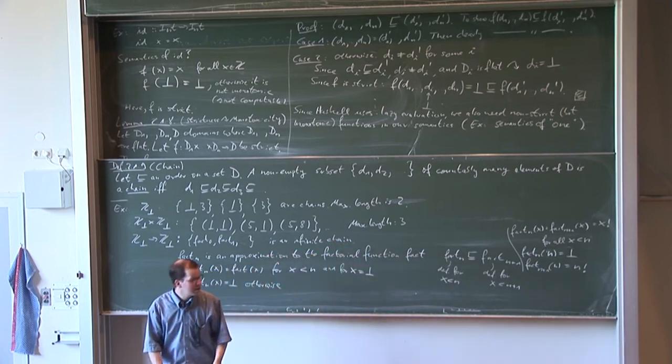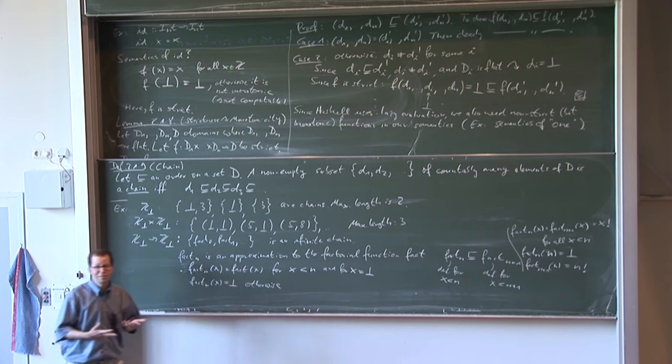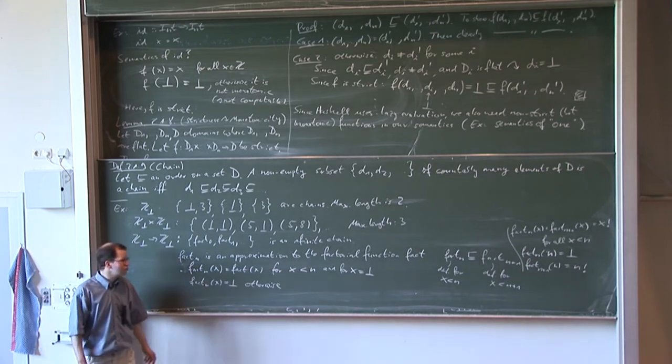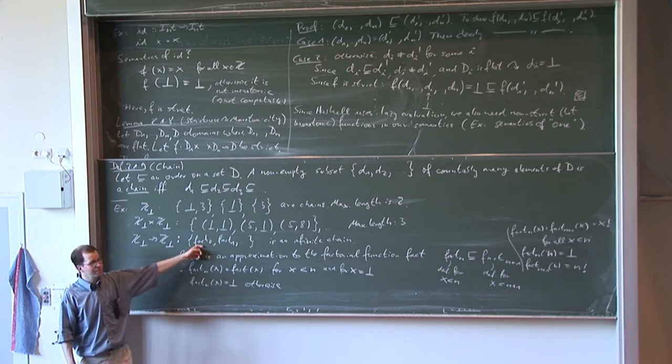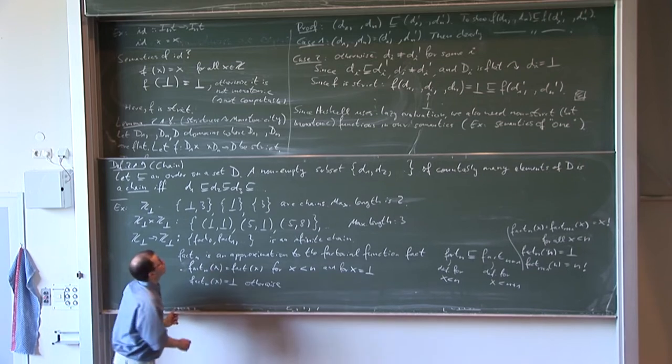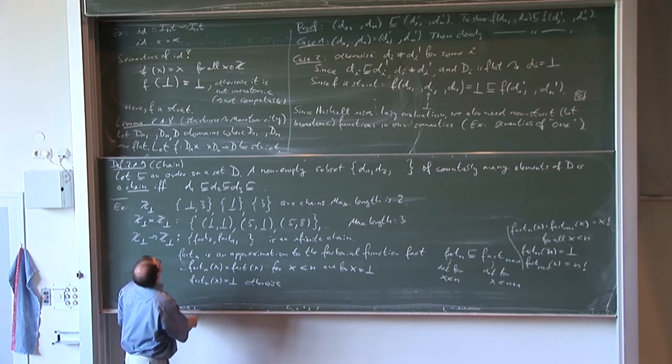And now how can we describe this limes where all these functions converge to? Well, this limes, the real factorial function, is the least upper bound of this chain. And I will define this on the next slide.